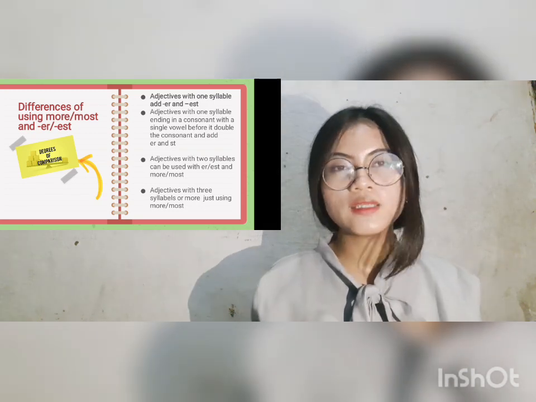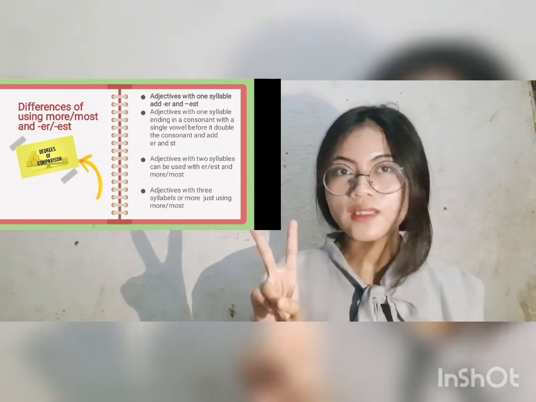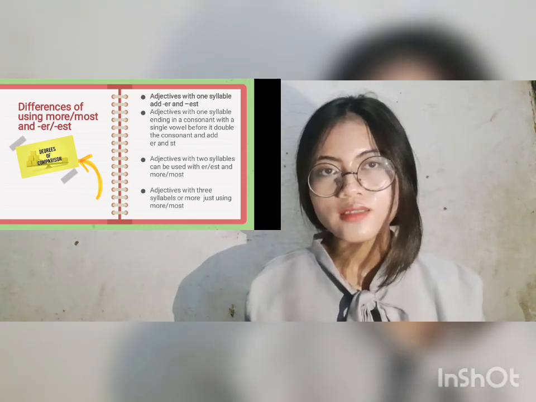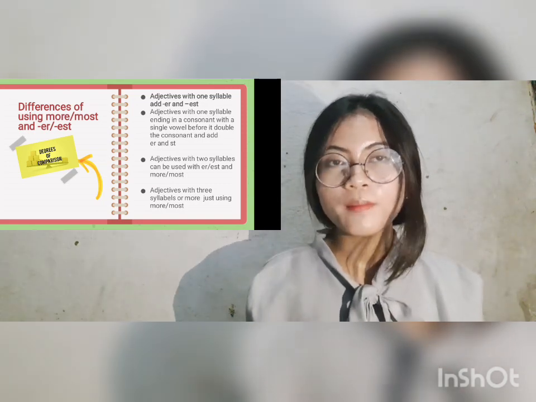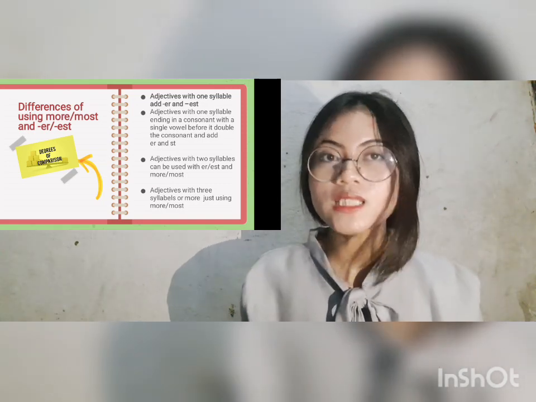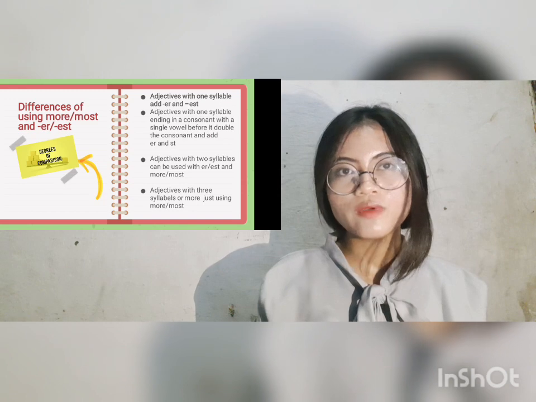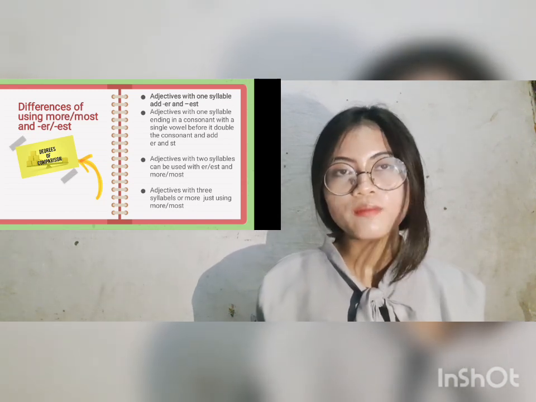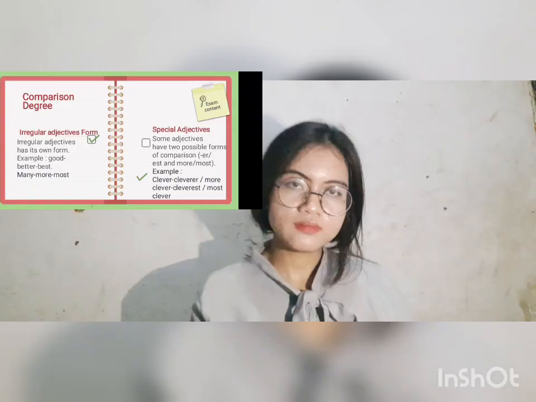Third, adjectives with two syllables can be used with er or est and more or most. And the last is adjectives with three syllables or more, just using more or most.